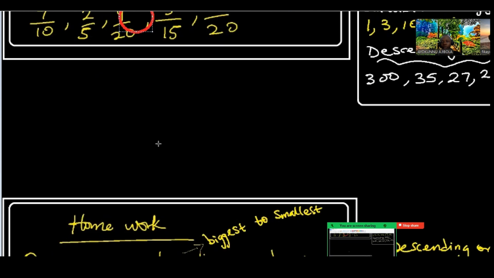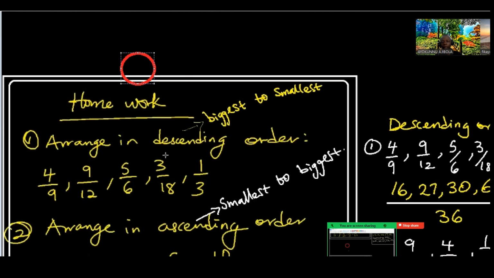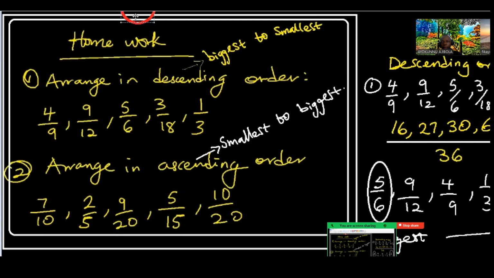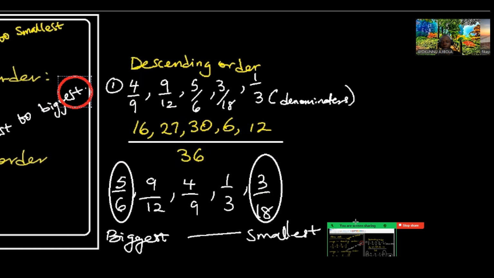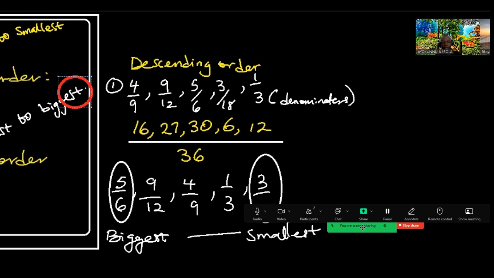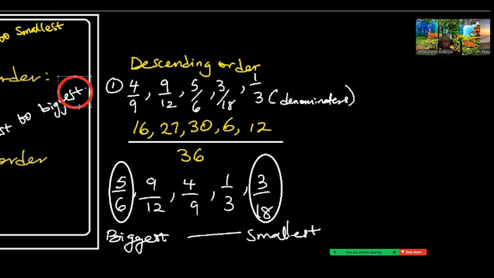Now, what we need to do is to compare all of the fractions and give them a common denominator. How do we do that? All we can do is to consider all of the denominators.